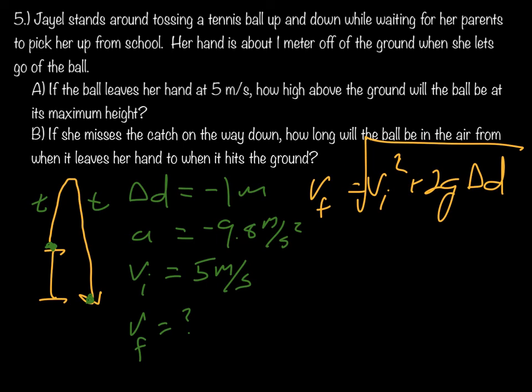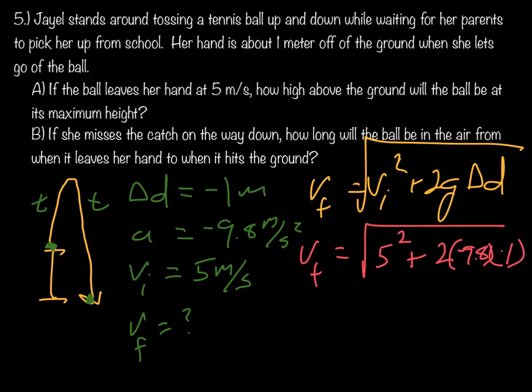Okay, so let's plug in our numbers. So, VF equals the square root of 5 squared plus 2 times a negative 9.8 times a negative 1. And then we plug that all into our calculator.